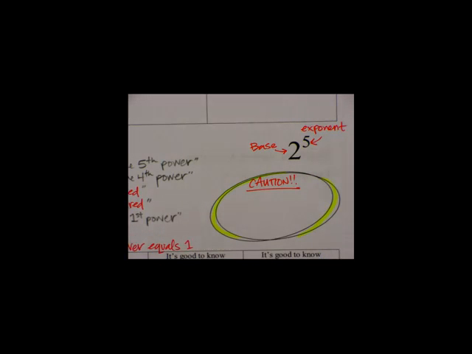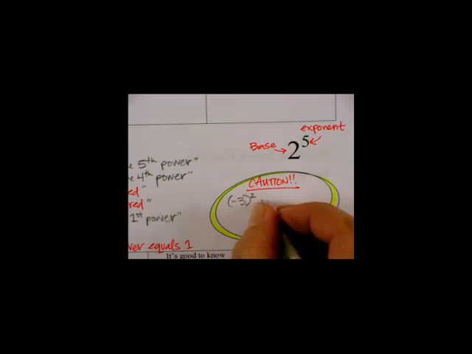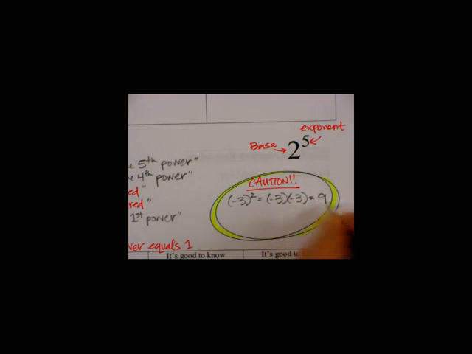A lot of times when students see this, -3 to the 2nd power. -3 to the 2nd power is -3 times -3, and we know that a negative times a negative is positive. But if I don't have the parentheses, suppose I have -3 squared.